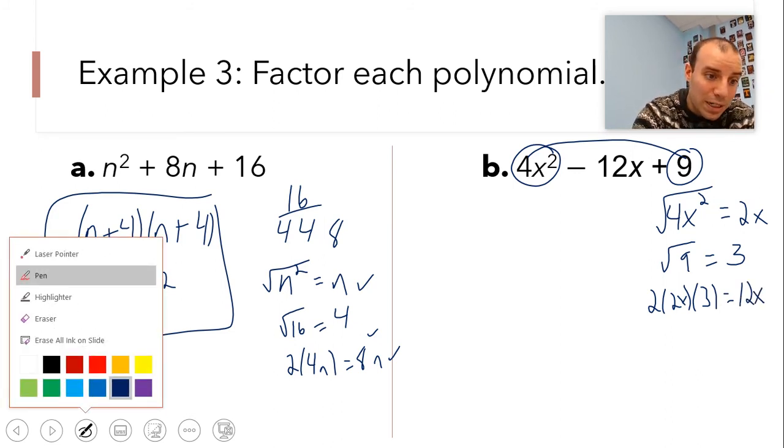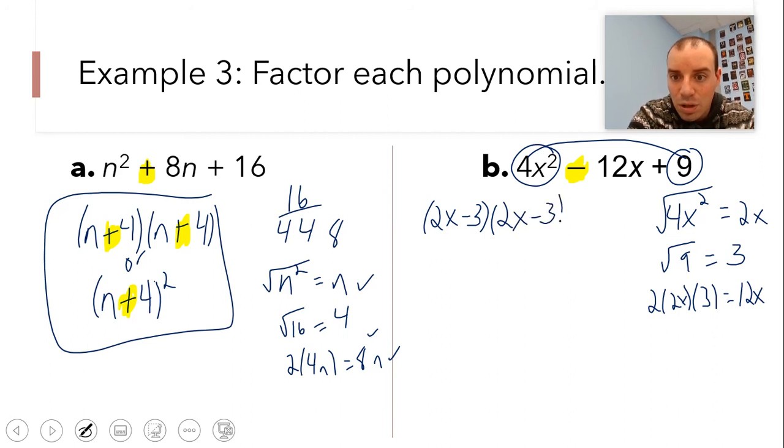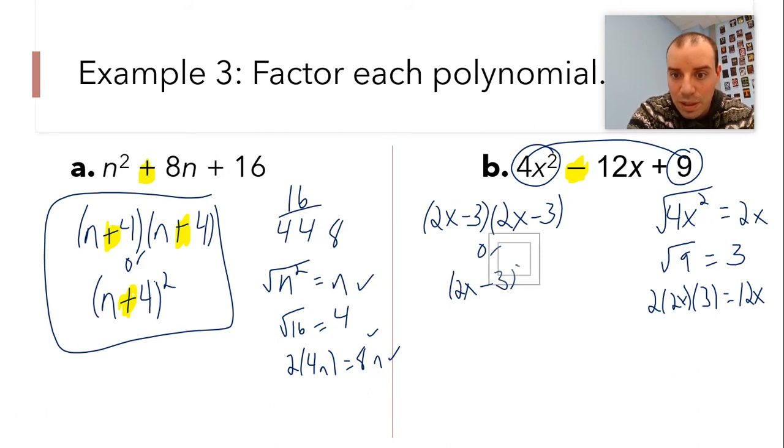Notice that on this particular problem, your middle term is negative. Here it was positive, hence why I have a plus. Everything was plus here. Here, everything's going to be minus. So my final answer is going to be 2x minus 3 times 2x minus 3, or a better way to write that, 2x minus 3 quantity squared.